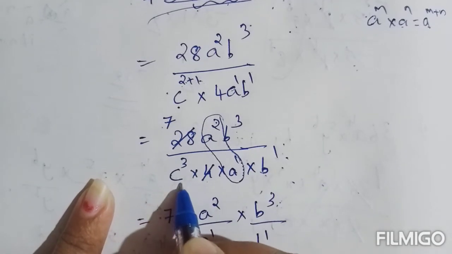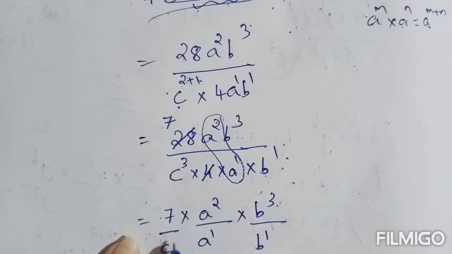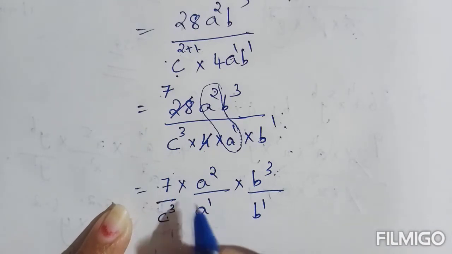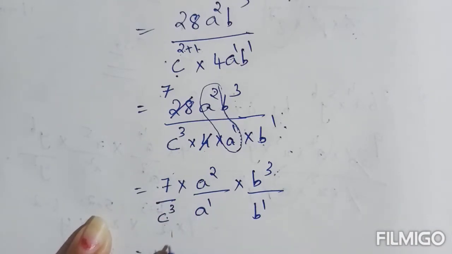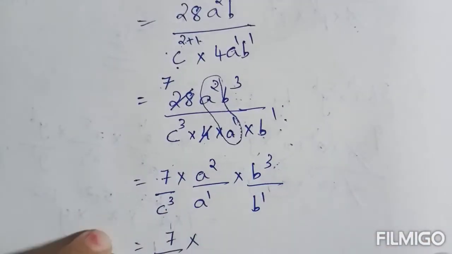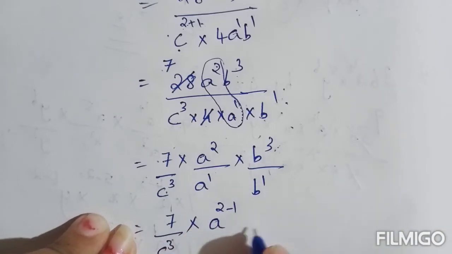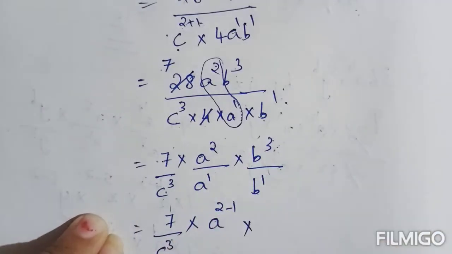Now here one c cube is there, so that you can write along with the 7. 7 by c cube. So 7 by c cube into a square by a raised to 1. On applying quotient law, it is a raised to 2 minus 1 into b cube by b raised to 1.